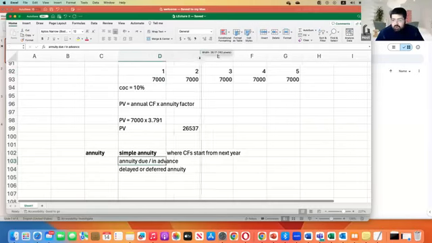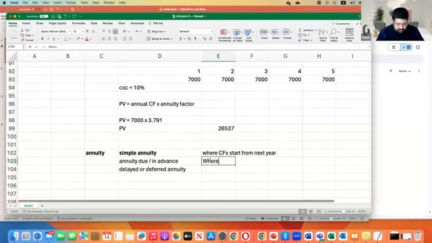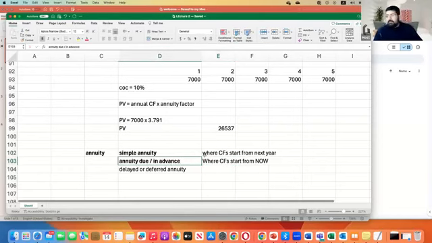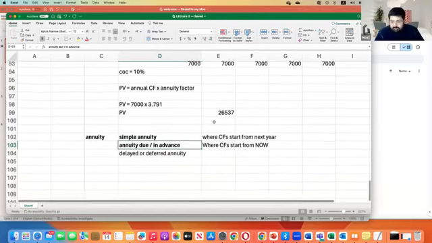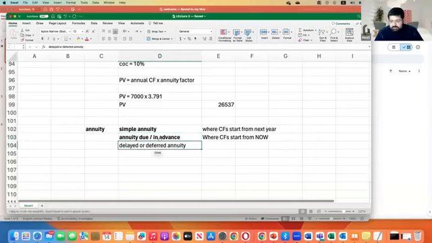Annuity due or annuity in advance is the case where cash flows start from now. So for example, annuity in advance. Let us talk about it.